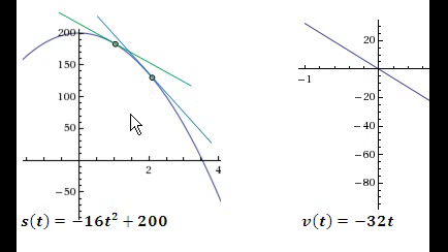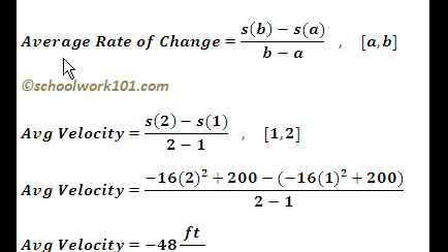And it turns out that that also happens to be the same as if I just took a line and passed it through this point here and this point here, and then found the slope of that line, which also happens to be negative 48. Is that coincidence or not? Well, you determine. Remember, to find the average rate of change, or our average velocity, this is what we did.